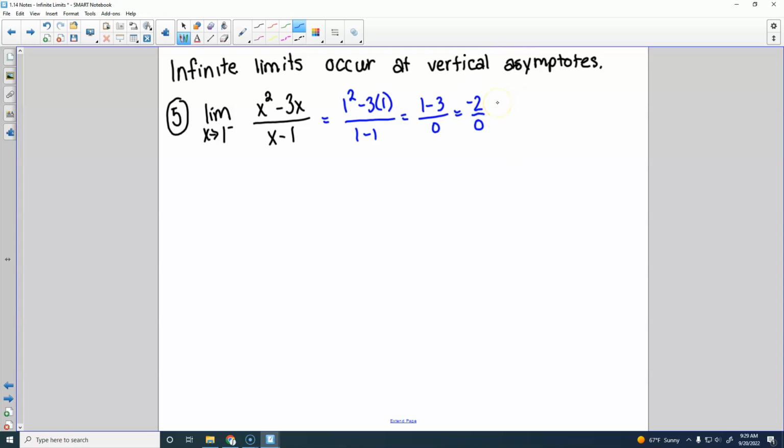What does it tell us when we get a number over 0? We do not use the word undefined. This is undefined, but we don't use that word for limit, so what would we say instead for the limit? So we would say that this limit does not exist. But sometimes they want a more specific answer than does not exist.